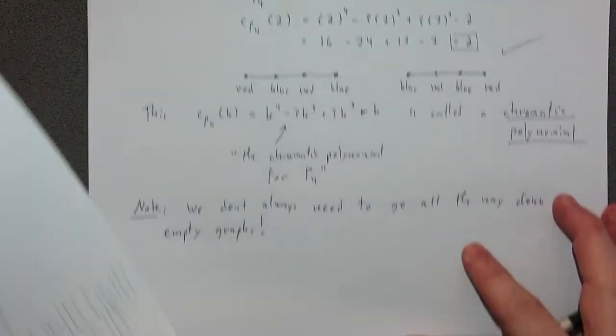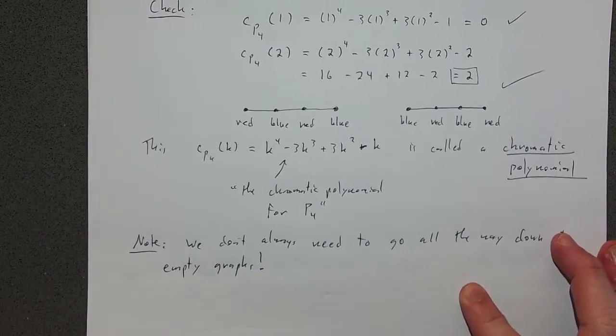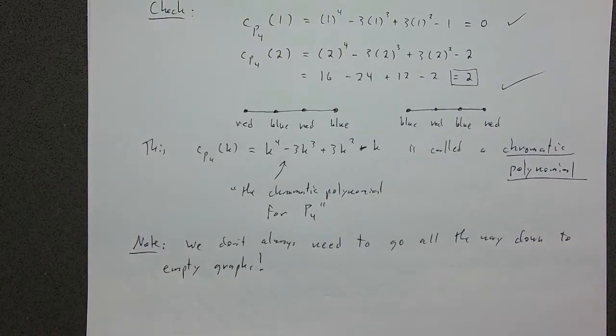So what is an example of when you would be able to stop before getting all the way to an empty graph? Just think for a second. When might you be happy stopping early? Well, in this process, let's bring some of the steps of the process back. You can see them on the page.